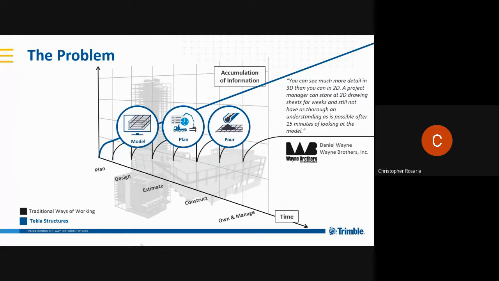In one of the testimonials that we have here by Wayne Brothers, according to Daniel Wayne, you can see much more detail in the constructible model or the 3D model than you can see in 2D. So a project manager can stare at 2D drawing sheets for weeks and still not have as thorough an understanding as is possible after 15 minutes of looking at the constructible model.